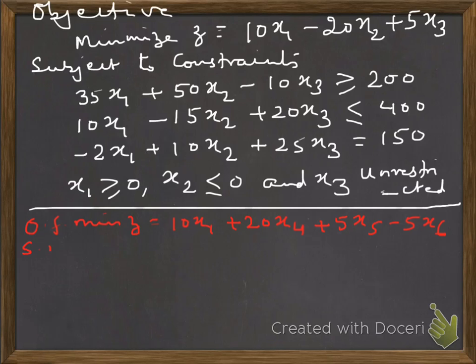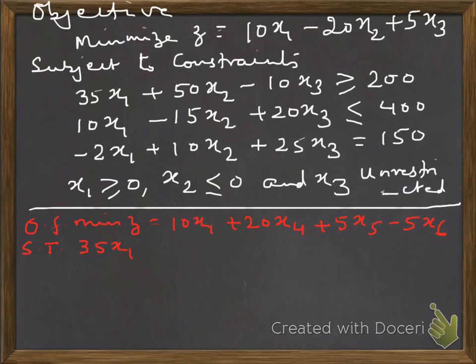Subject to the constraints: 35x1, since x1 is already greater than equal to 0, there is no change here, we will write 35x1 plus 50x2.